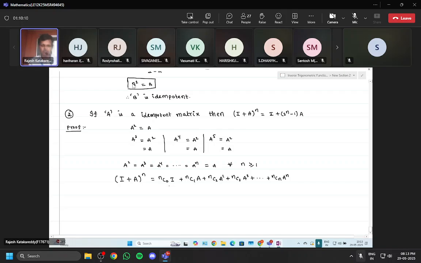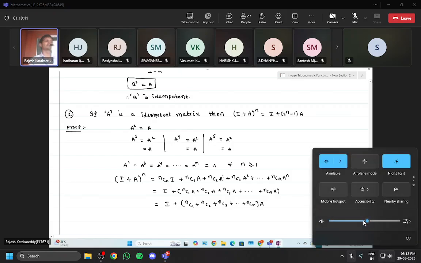Now I am substituting the above result. nC0 is 1. So I plus nC1 into A, nC2 into A, nC3 into A, and so on, nCn into A. There is A common, take that out. I plus nC1 plus nC2 plus nC3 plus and so on going till nCn, into A.